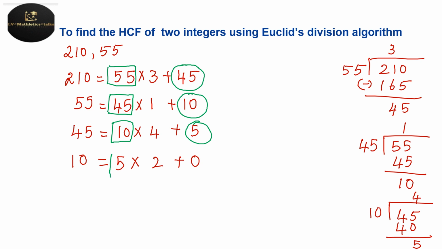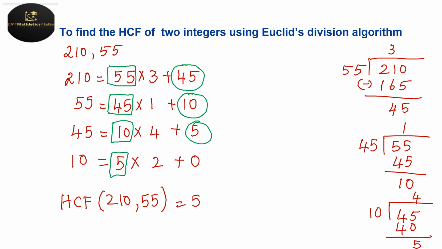At this point, when you get 0 as the remainder, the divisor obtained is the HCF. So the HCF of 210 and 55 is equal to 5.